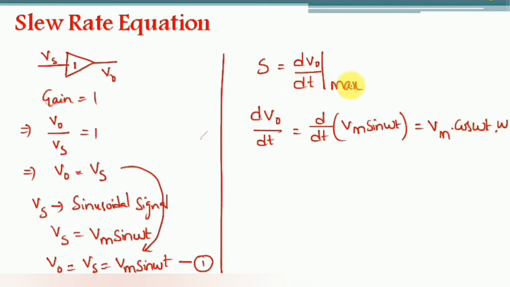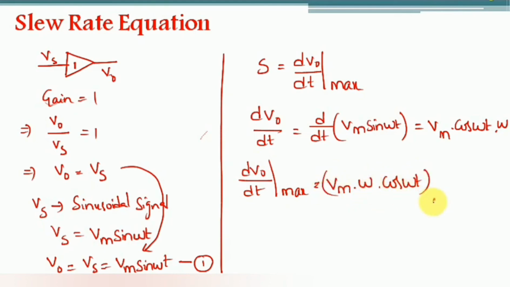But the slew rate definition requires the maximum value of dV0 by dt. So the next step is finding the maximum value of dV0 by dt. So it is Vm omega cos omega t maximum value. We know that the maximum value of cos omega t is 1.